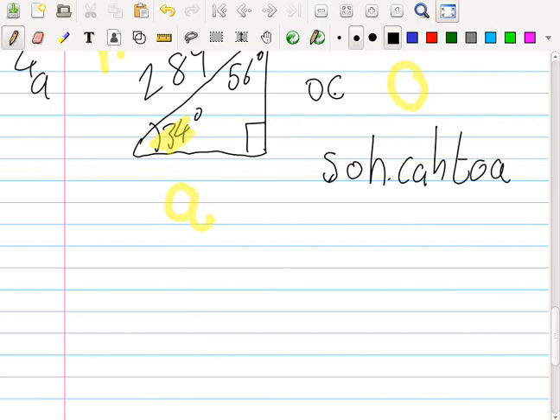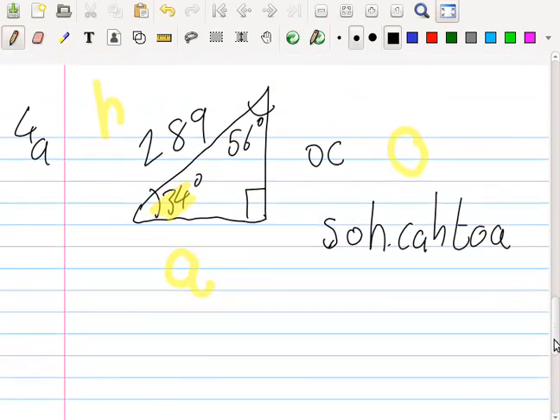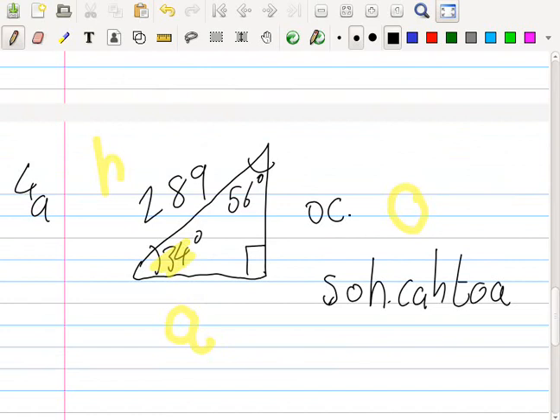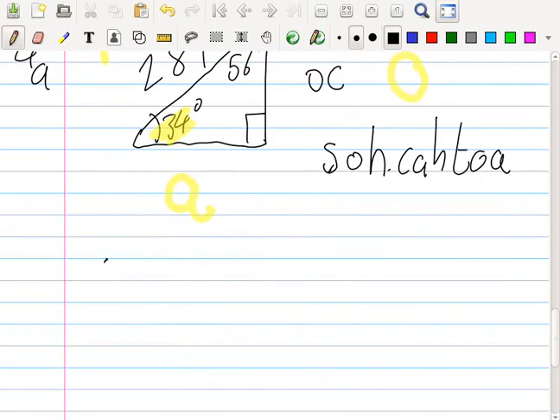Okay, so which two sides am I talking about here? Opposite and hypotenuse. So which of the three do I need? Sine, cos, or tan? Sine, yeah. So sine of what angle? 34. What will that equal?